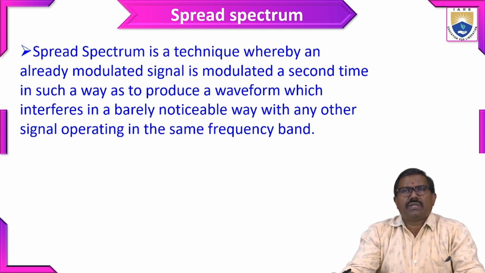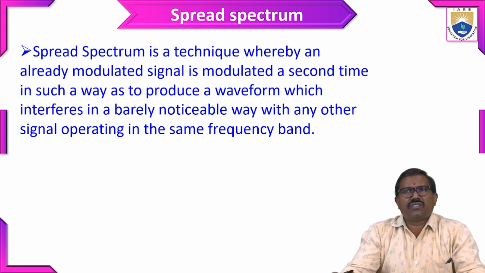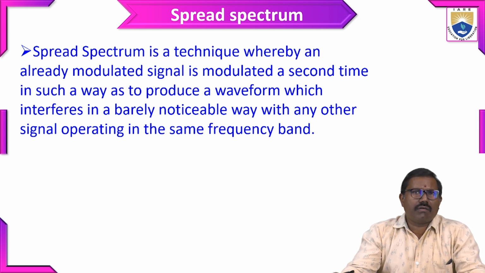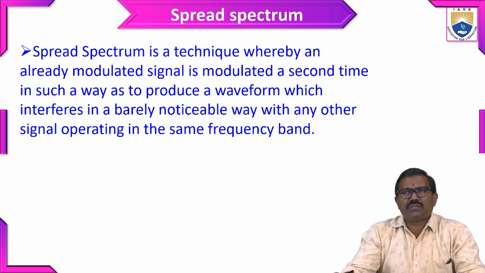Spread spectrum is a technique whereby an already modulated signal is modulated a second time in such a way as to produce a waveform which interferes in only a barely noticeable way with any other signal operating in the same frequency band. So spread spectrum is nothing but double modulation.